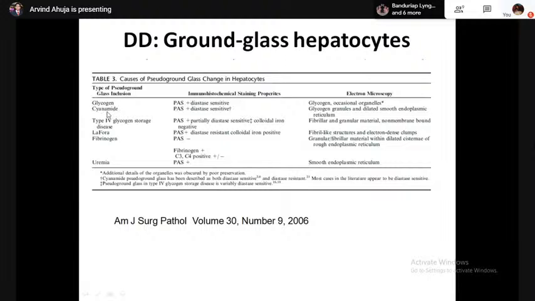It could be due to cyanamide. Type 4 glycogen storage disease and Lafora disease can also show it, which is PAS positive but diastase resistant, and fibrinogen can also present as ground glass, so you have to do a fibrinogen stain. Uremia can also show ground glass hepatocytes. So there's a whole differential diagnosis. Certain drugs which are used, especially in transplant recipients, can also cause ground glass hepatocytes.